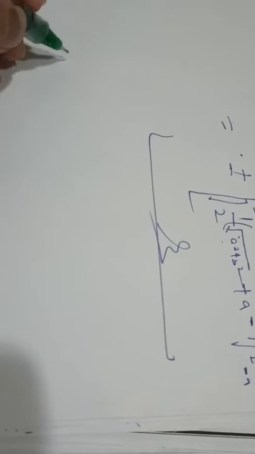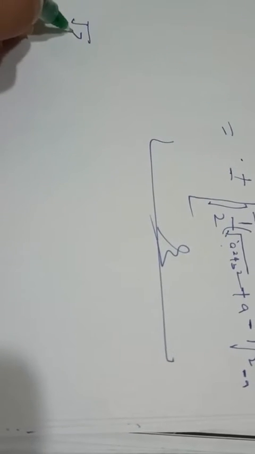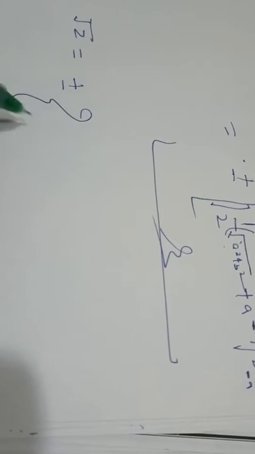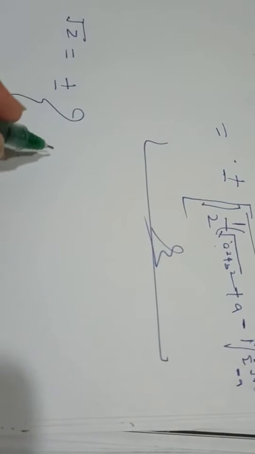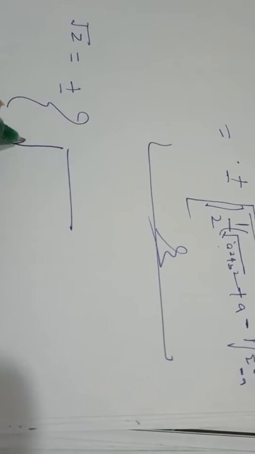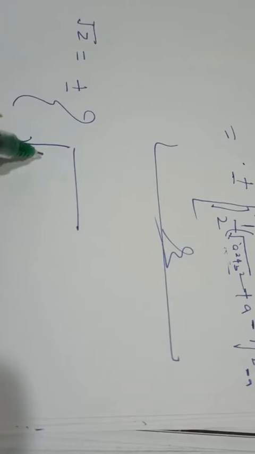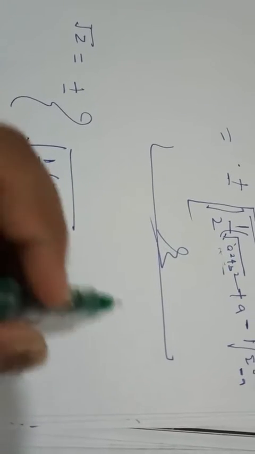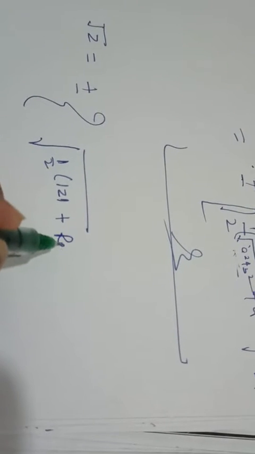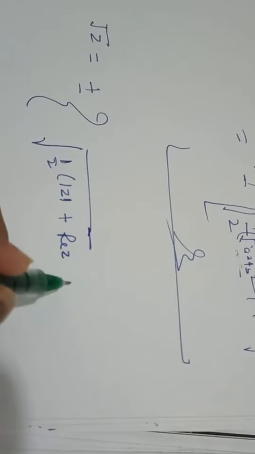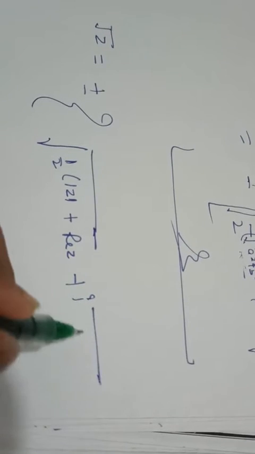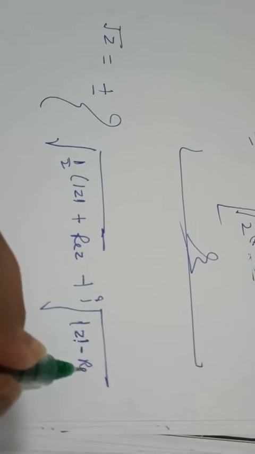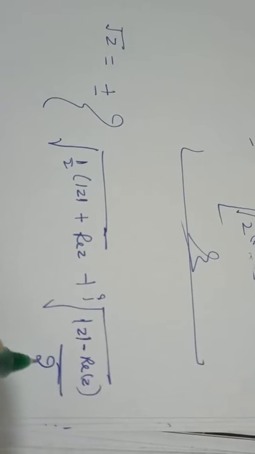So if we sum up this result, the square root of z is basically plus minus, this is mod z, so root of half of mod z plus real part of z, and plus iota root of mod z minus real part of z upon 2.